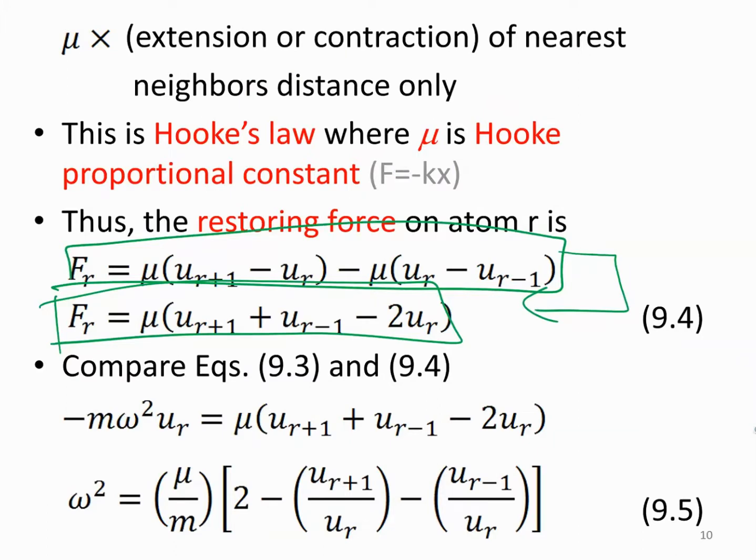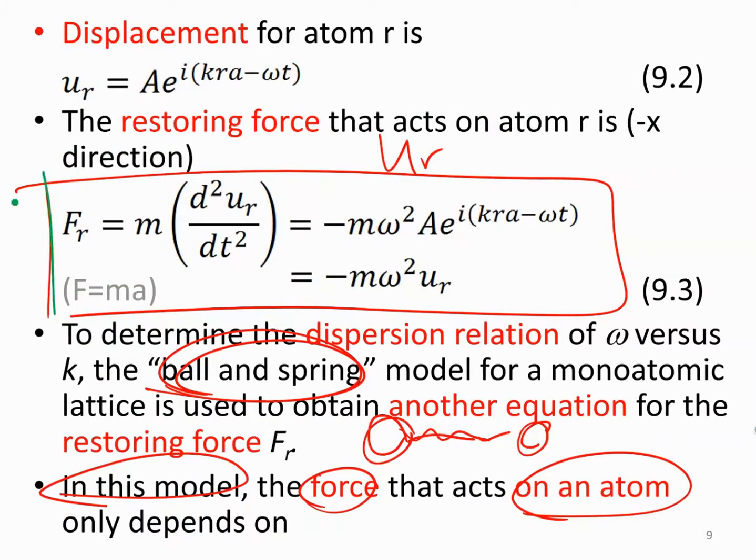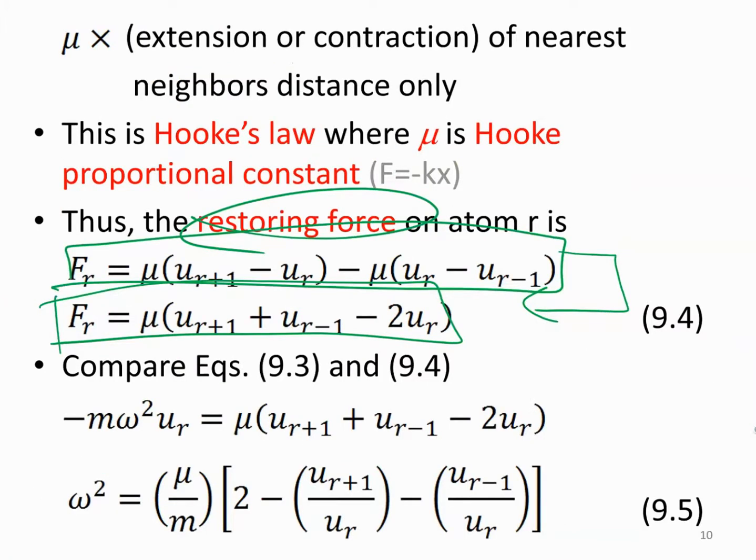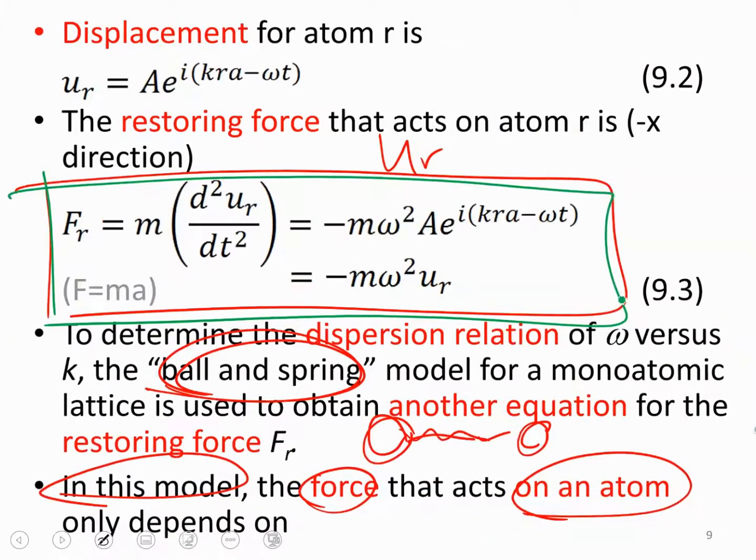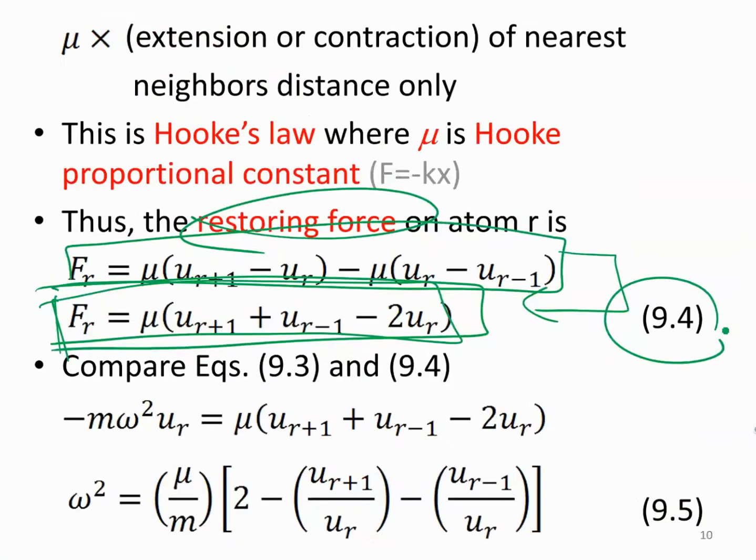So now we have two restoring forces. The first restoring force we obtain from this one, F equal to ma. Then the second restoring force we obtain from F equal to negative Kx. So now we want to compare these two restoring forces, 9.3 the first one, 9.4 the second one.